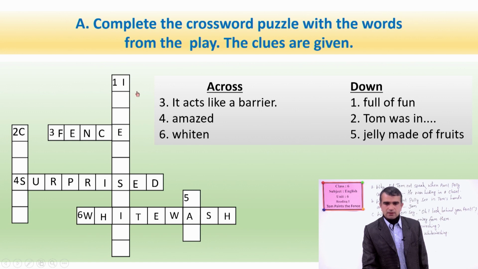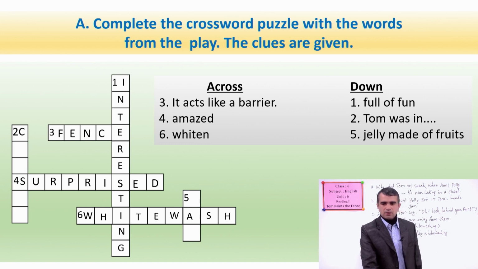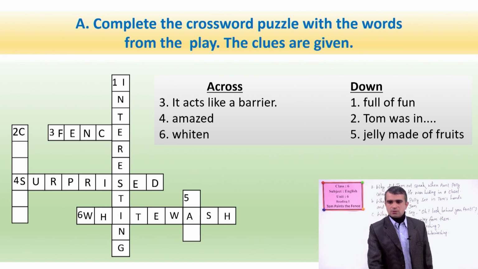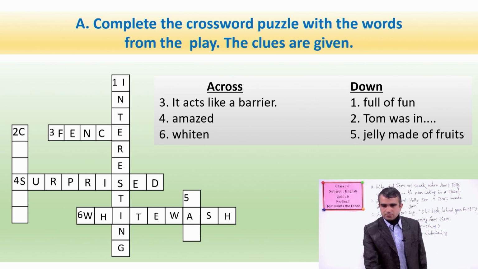First letter is given here. I, yes. What is it? Interesting, very good, interesting. Now spell it. I N T E R E S T I N G. Interesting. Very good.